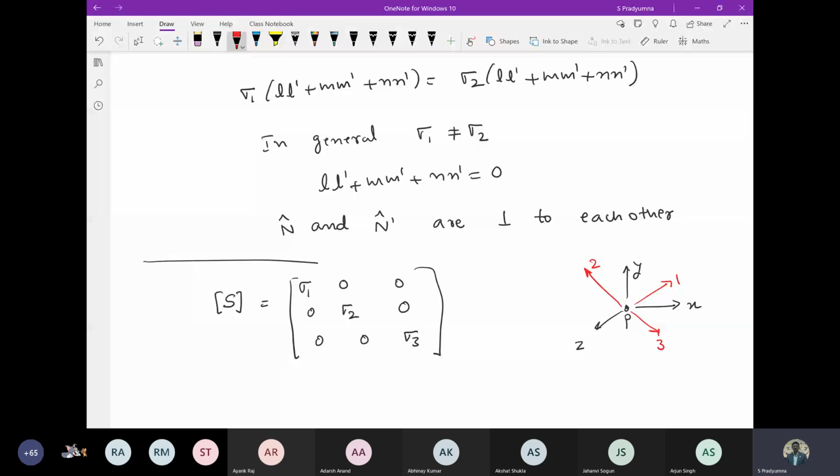So the point is the same. The state of stress doesn't change whether you consider the XYZ coordinate system or the 1, 2, 3 coordinate system. The tensorial notation will change, but the state of stress at that particular point doesn't change when you change the orientation of the plane or the coordinate system. Fine.